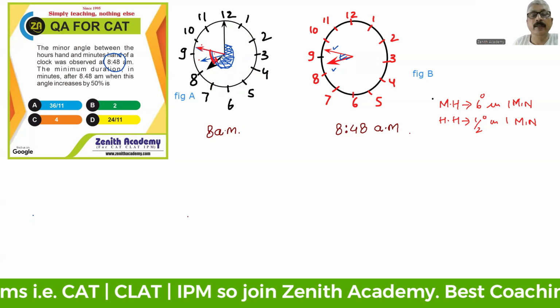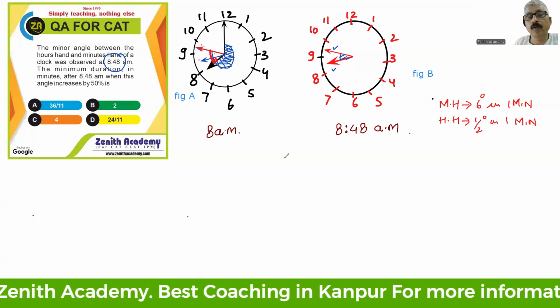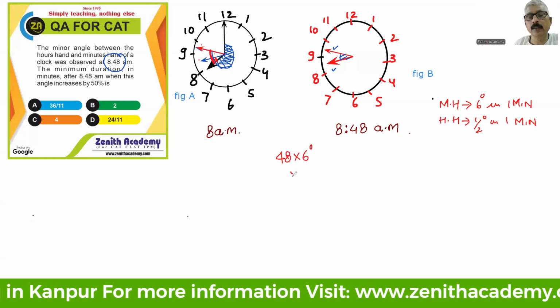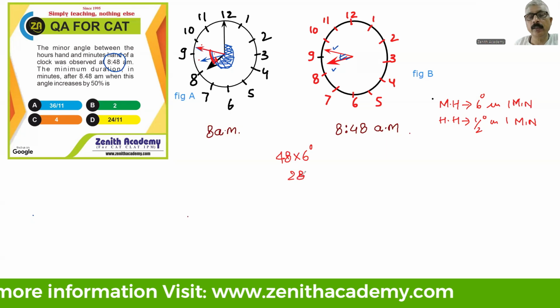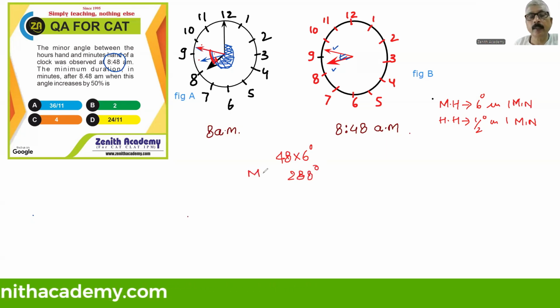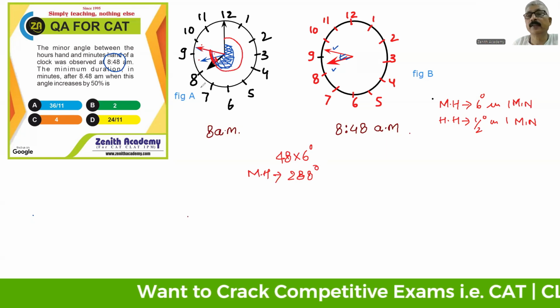From figure 12 it is going to be 48 into 6 degrees, which means 288 degrees. This is the angle made by the minute hand from this position to this position. Correct?